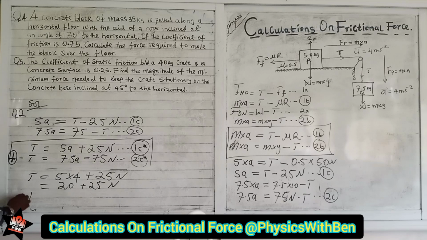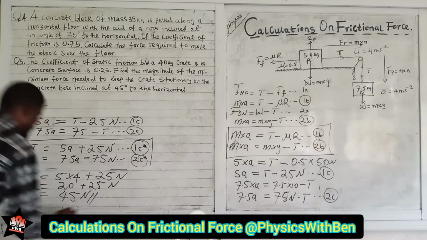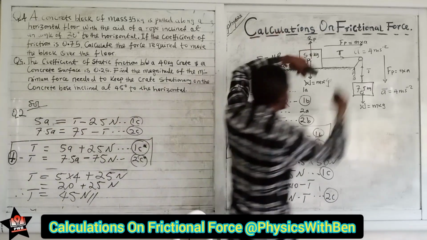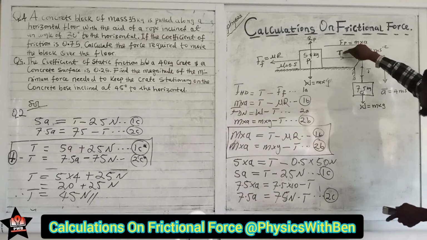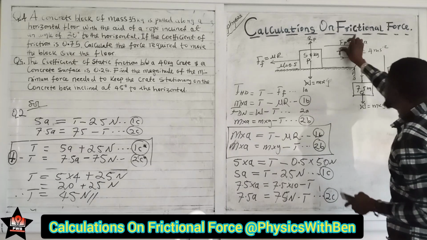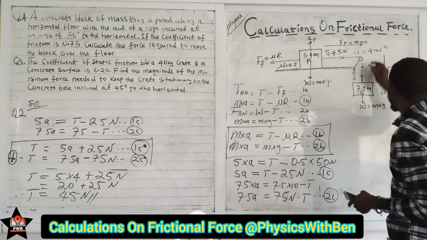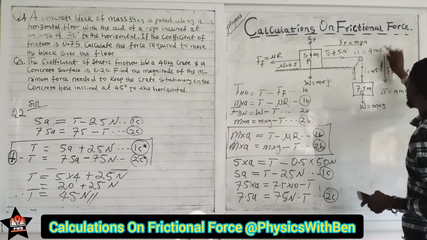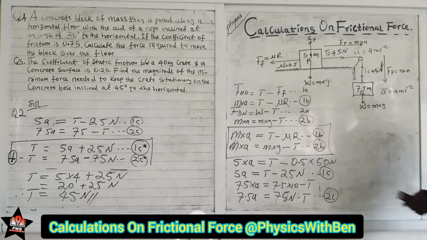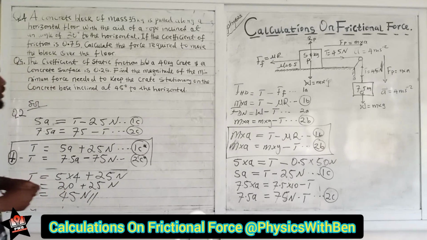So therefore our tension is 45 Newton. The tension in this string, here and here, T is 45 Newton. To this we have come to the end of the solution on question number 4.